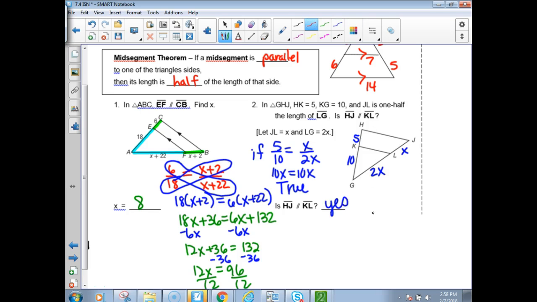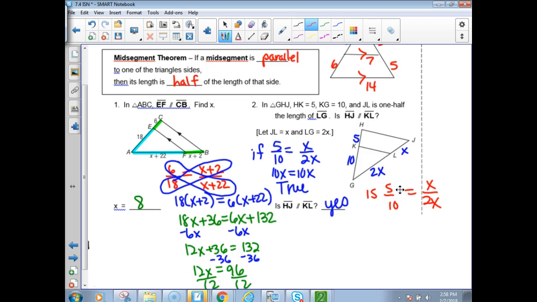Another way to look at it, though, is this. Is 5/10 the same as x over 2x? Now I'm going to think about it differently. I'm not going to cross multiply. That's a good way to do things, but we had another way. What do we do with the fractions instead of cross multiply? Simplify.